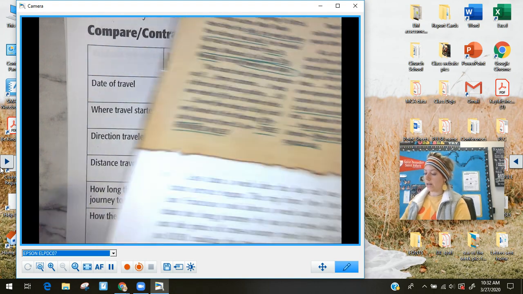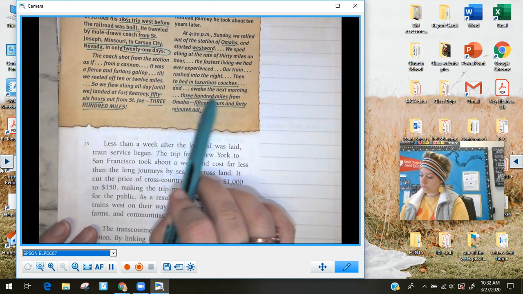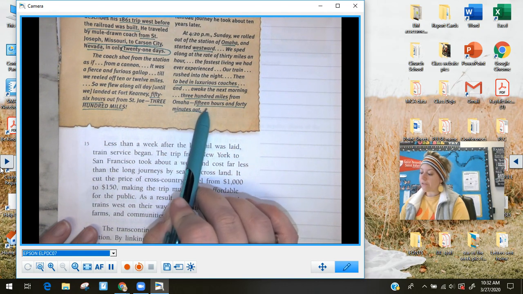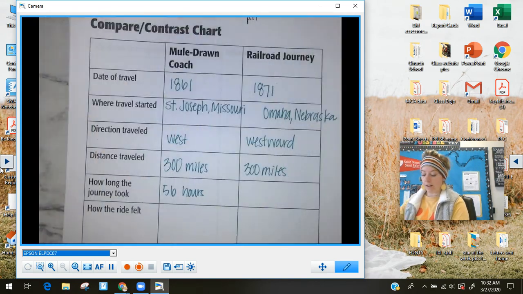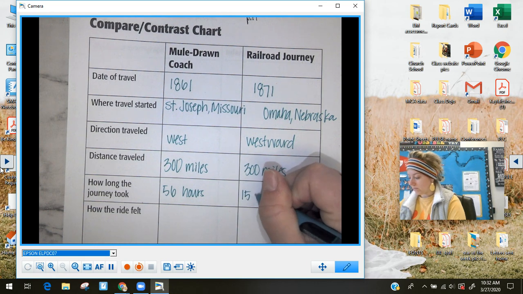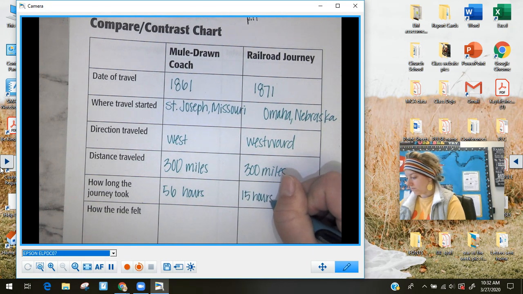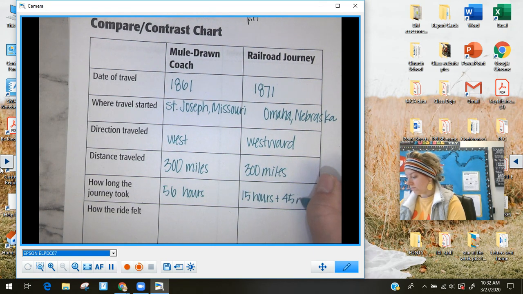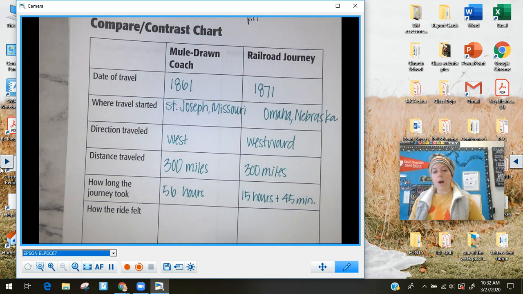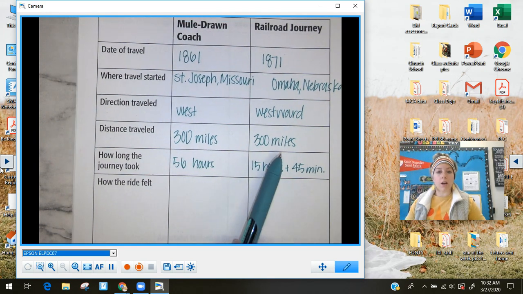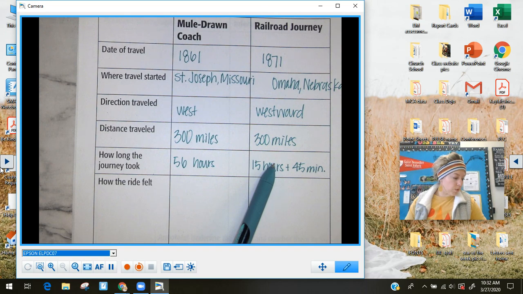And for the train, 15 hours and 45 minutes. So obviously our time was cut down a ton when we went on the railroad.